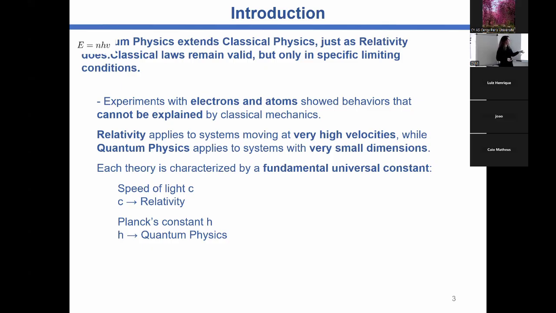And when we go to small scale, we are ruled by the Planck constant. So everything that we do in quantum mechanics, we use the Planck constant that describes the quantization of physics at the quantum scale.